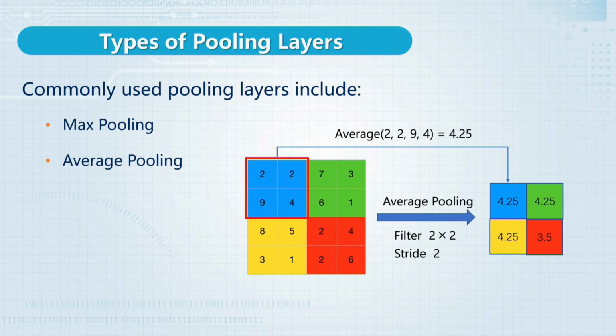For example, a pooling layer applied to a feature map of 6 by 6 will result in an output pooled feature map of 3 by 3. The pooling layer reduces the number of parameters to learn and the amount of computation performed in the network.